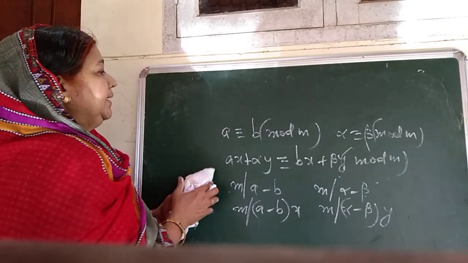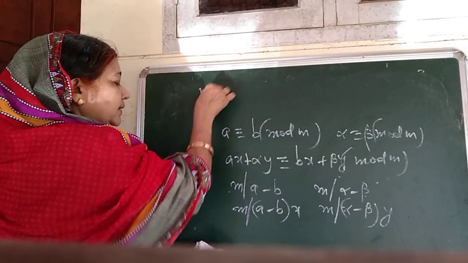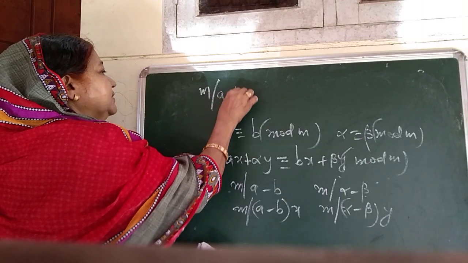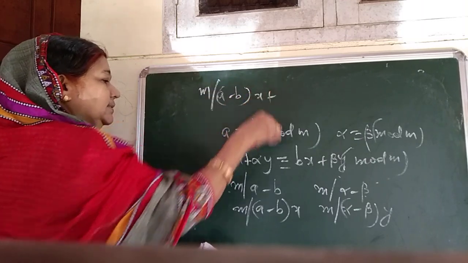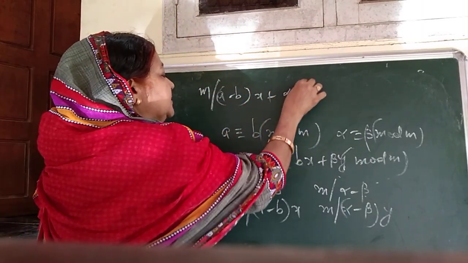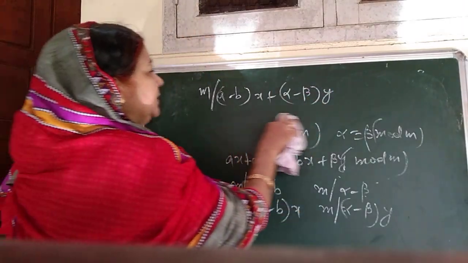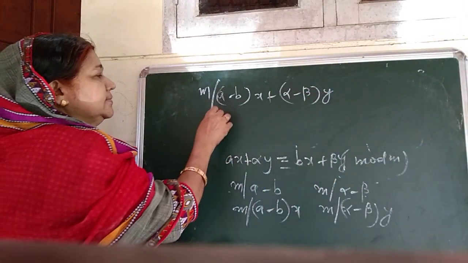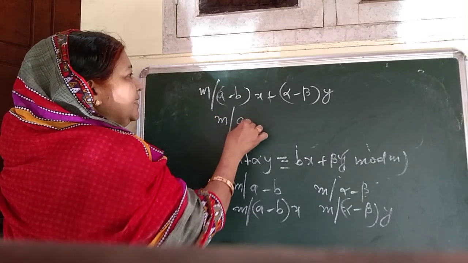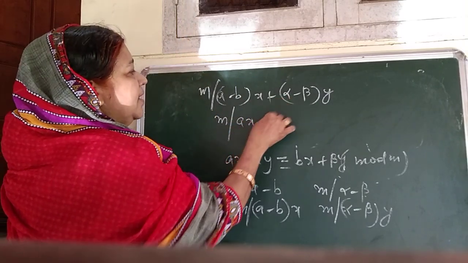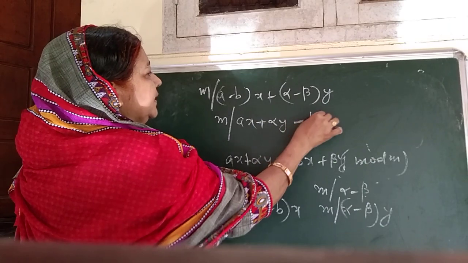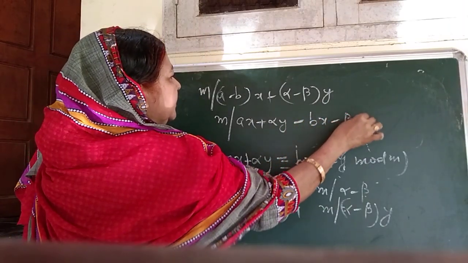That is, m divides (a minus b) x plus (alpha minus beta) y.